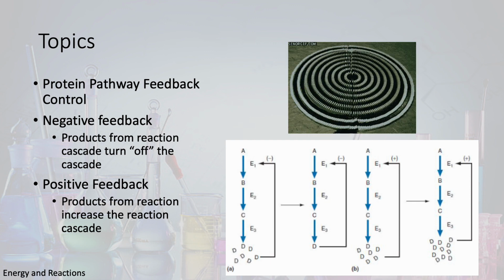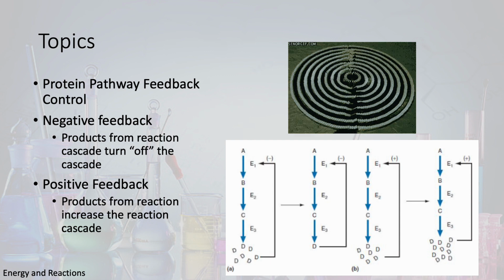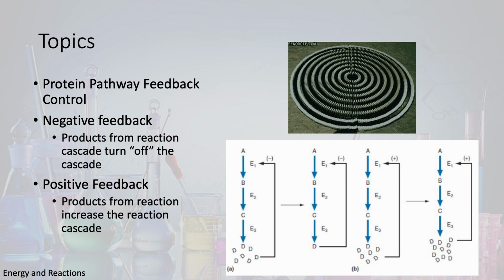And what you see is the production of many, many, many products down here, D, right? And as the concentration of product D increases, that's going to inhibit enzyme 1, which if we scoot over here to the right, after we inhibit enzyme 1, we get basically a slowdown of this pathway and a limited production of D. So this would be an example of negative feedback, right?